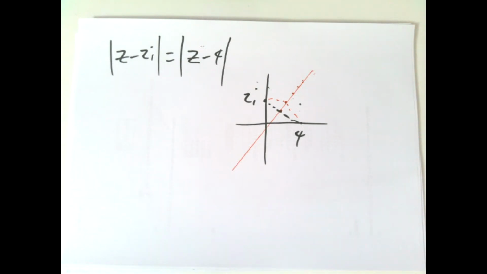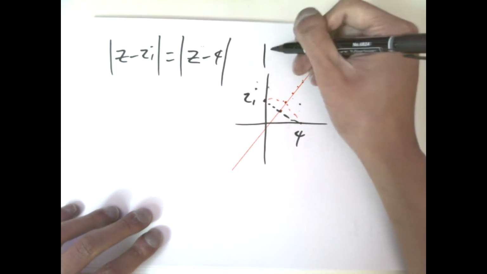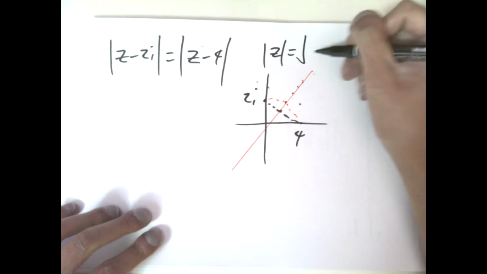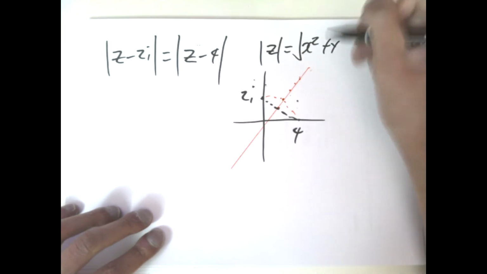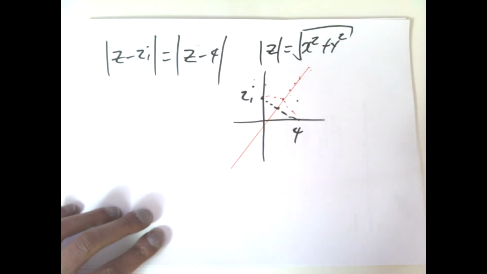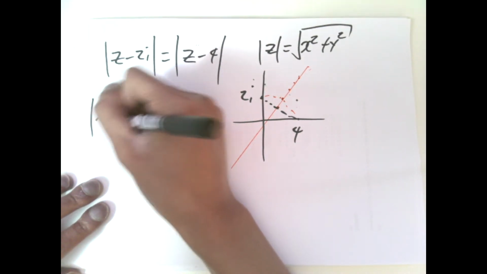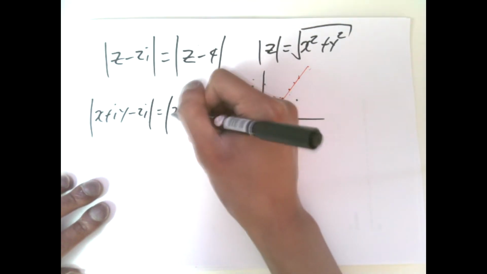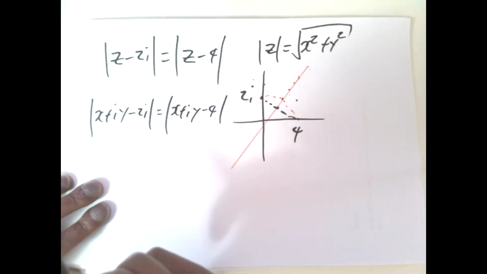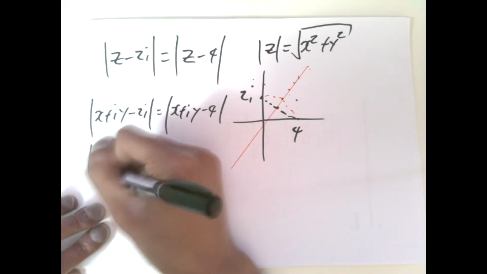Now, because this red line is a line, we can extract a y equals mx plus c sort of a thing. Firstly, we need to remember that the absolute value of a complex number is going to be using that. z is always x plus iy. Clumping out all the reals and imaginaries.